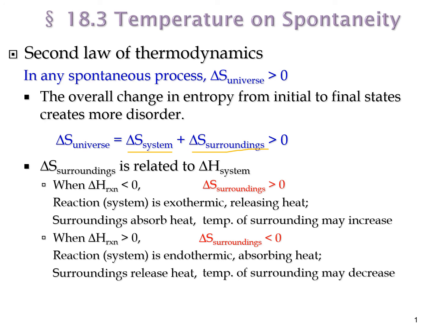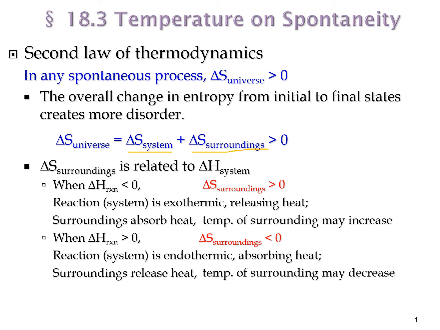All right. So it seems like if delta H is less than 0, delta S is greater than 0, and if delta H of the reaction is greater than 0, delta S is less than 0. It is kind of difficult for us to make the mathematical relation, but it will be much better if we put a negative sign in front of delta S. In this way, delta H of the reaction and negative delta S of surroundings have the same sign.